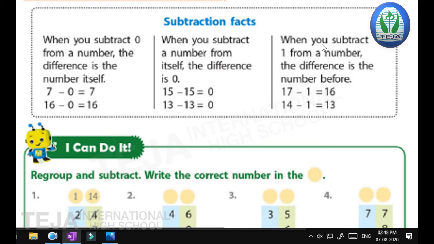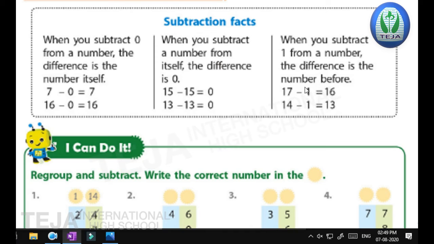And the third fact, when you subtract 1 from a number, the difference is the number before. If we subtract 1 from any number, then the answer is the before number of that number, that is the predecessor of the number.